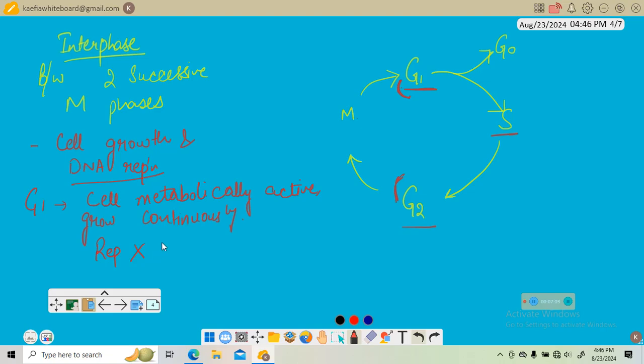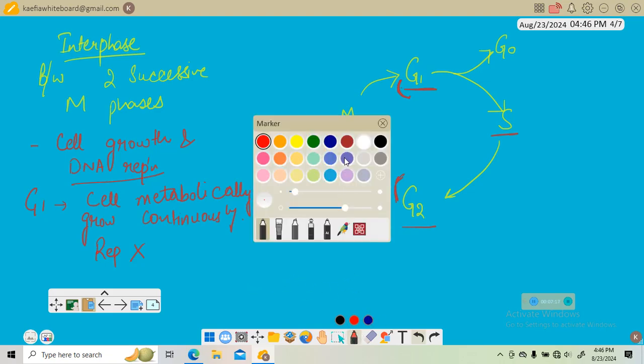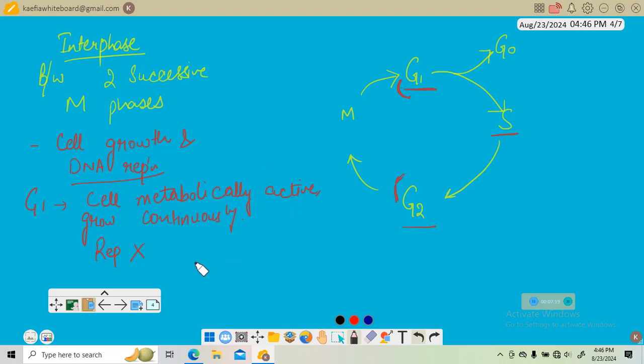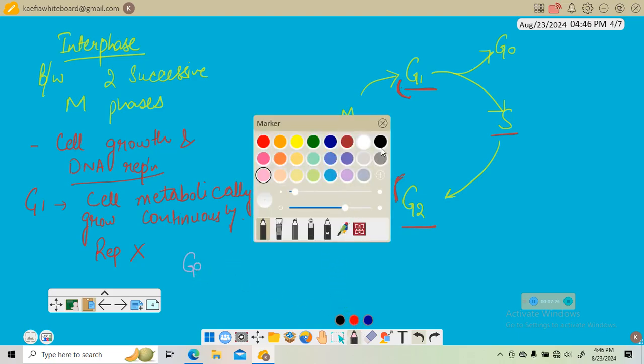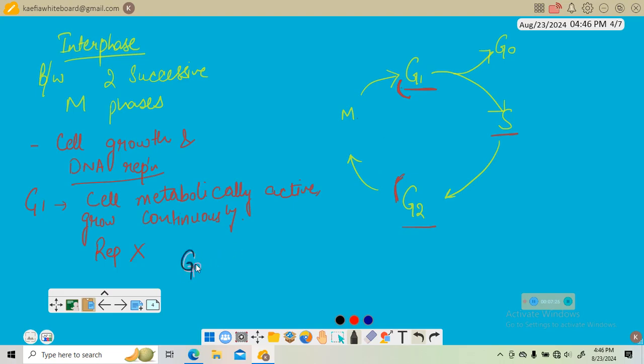Then there's another stage, G0. G0 is the quiescent stage. Quiescent means no cell division takes place.